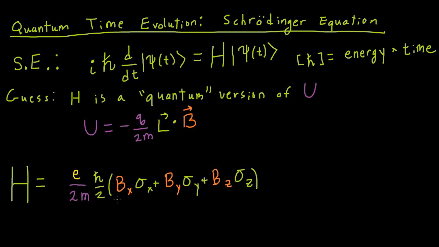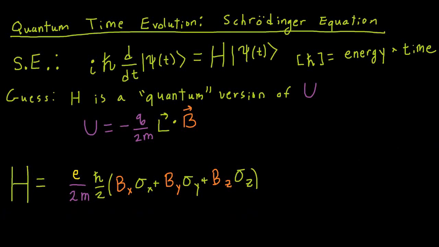Because this is a 2 by 2 matrix, this is a 2 by 2 matrix, this is a 2 by 2 matrix. And if you just add up 2 by 2 matrices, the result is just overall a 2 by 2 matrix. So this has achieved our result of making H a quantum version of the energy of the electron and also being, at the same time, a 2 by 2 matrix.